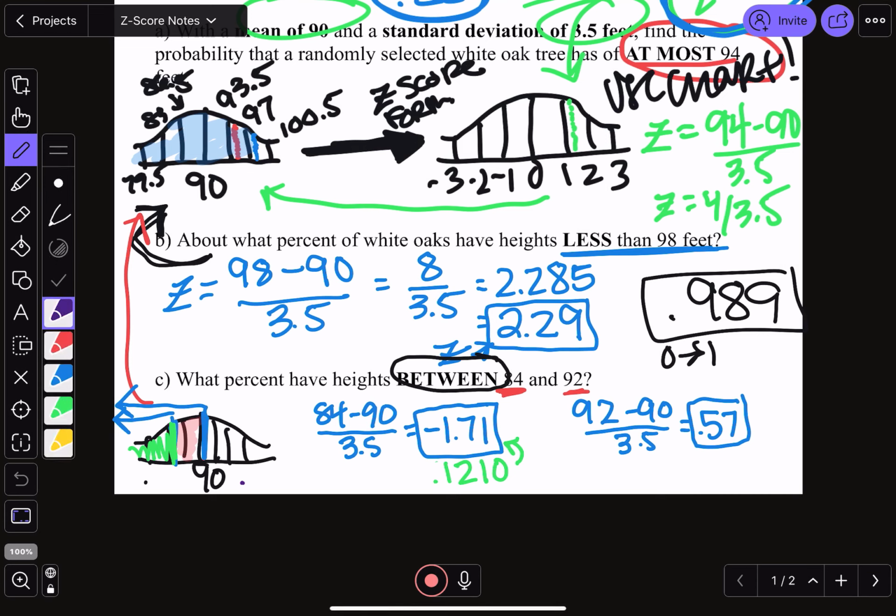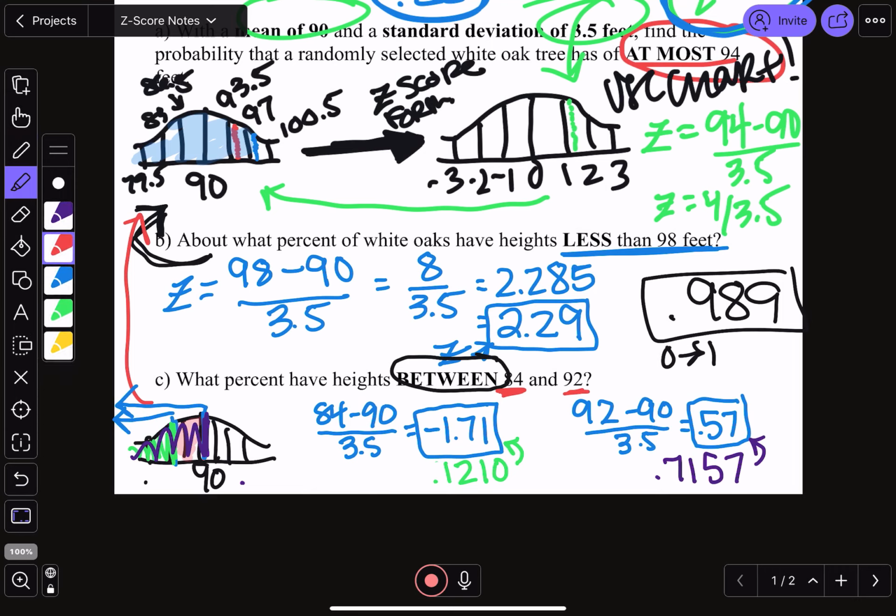So 0.7157. Now, you're not going to have two answers for this problem, okay? Because that z-score right here gave you this and to the left. Now, there is some overlapping here. You need to get rid of the overlap because remember, you want between 84 and 92. So you want this middle red bit, okay? So you're going to take your larger number, which is this one, and you're going to subtract your smaller one, because I don't want this to the left.